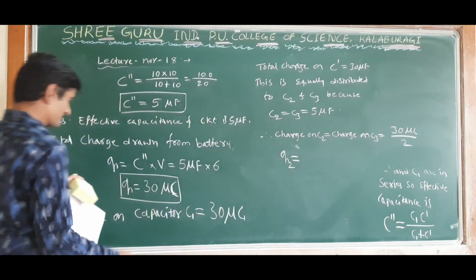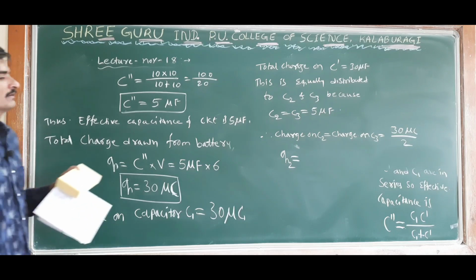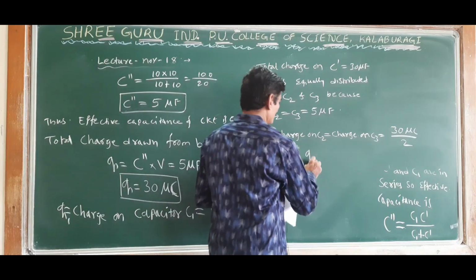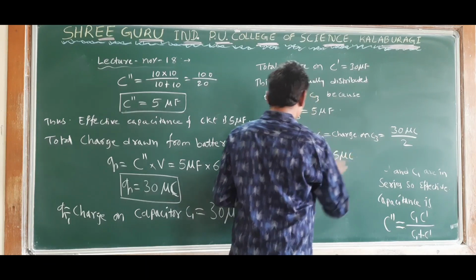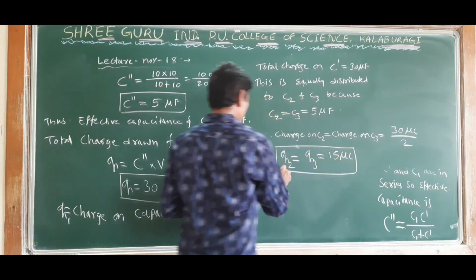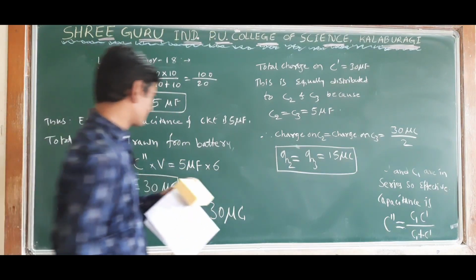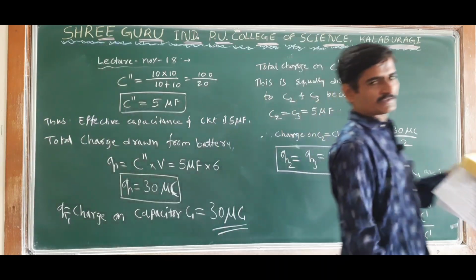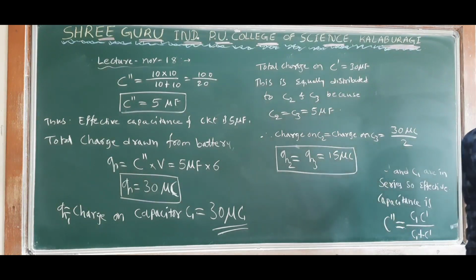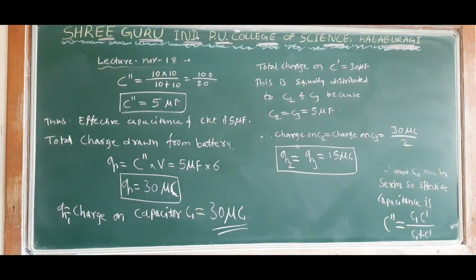This one is the charge on capacitor C1, this is Q1 if you write. So Q2 is equal to Q3 is equal to 15 microcoulomb. They are asking charge on all the three capacitors. So charge on first capacitor is 30 microcoulomb. Charge on second capacitor and third capacitor is 15 microcoulomb. Understood? So this is how you have to solve.